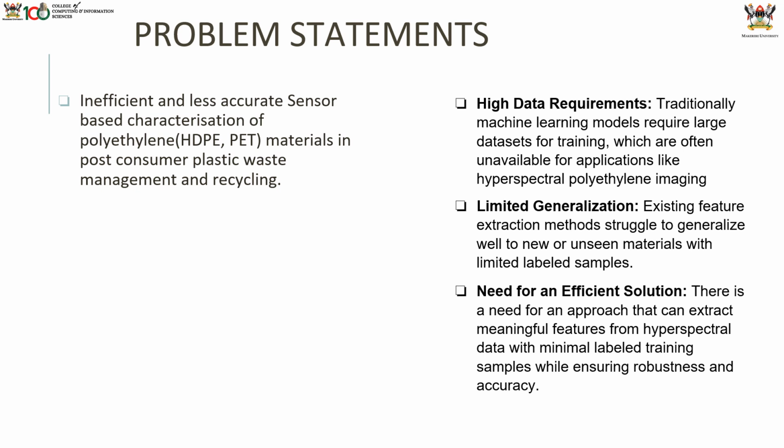But feature learning requires just simple fine tuning, and it can adapt to new domains. So there is a need for an efficient approach that extracts meaningful features from hyperspectral data with minimal labeled training samples, while ensuring robustness and that accuracy is not compromised.